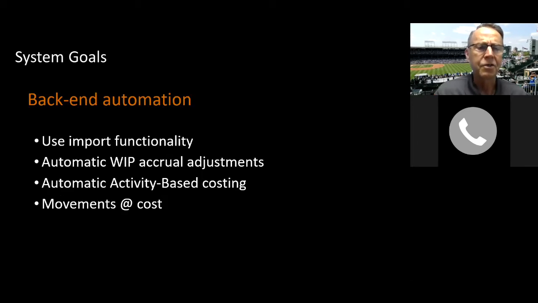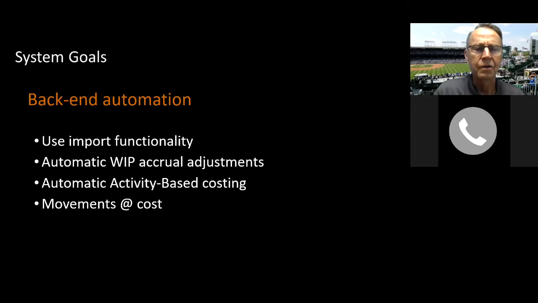So for back-end automation, of course, we have import functionality for crop inputs, field applications, feed mills, packers, etc. So you don't have to touch the data. But the Eclipse system is doing automatic work in process accrual adjustments. We'll show you how that works.